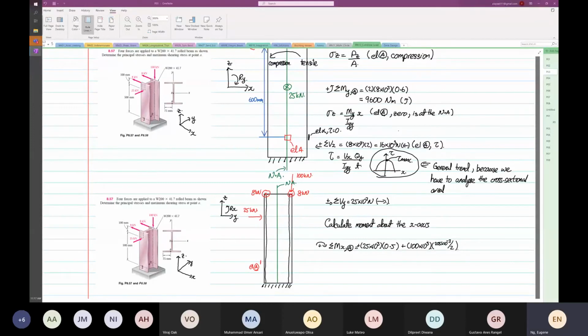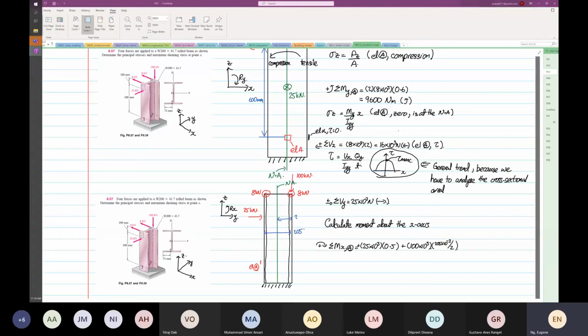Let me write this out. The distance from here to here is 205. The distance from here to here is 205 divided by 2.